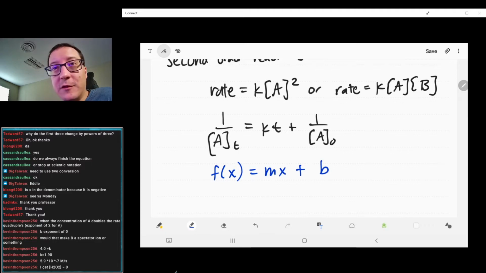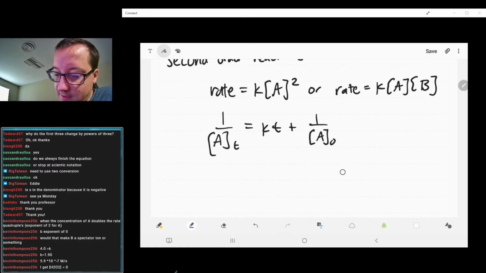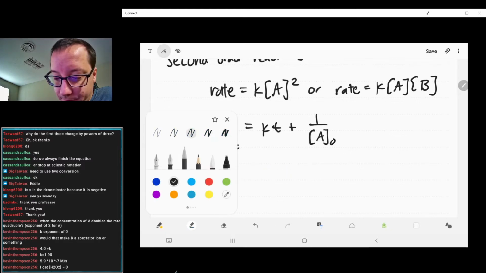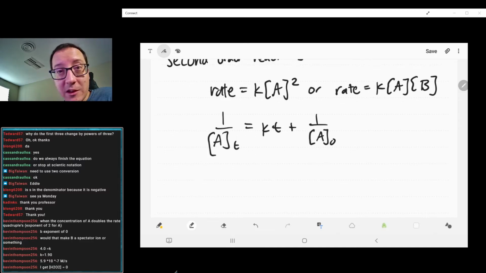So when you graph these, you'll be able to identify a second order reaction by having a linear graph when you put it into this form. That aside, let's not worry about that quite yet. Let's just see what we can do with this equation here. So here's the integrated rate law for second order reactions.